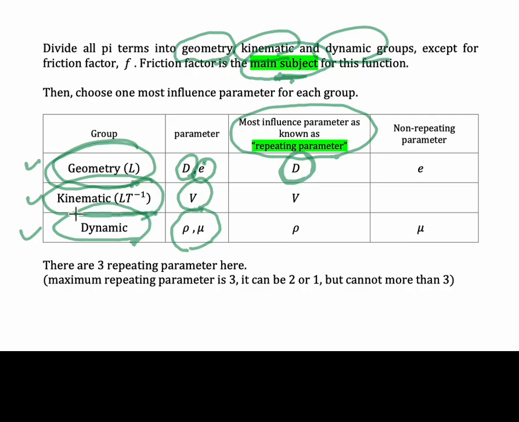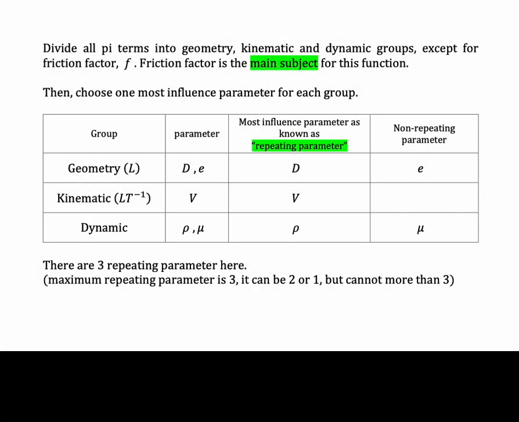For kinematic here, because we only have one parameter, which is the velocity, we just take the velocity as the repeating parameter. In the dynamic group, we have rho and mu, and usually people will take rho as the repeating parameter. Then you just separate the repeating and non-repeating parameters as shown in this table.